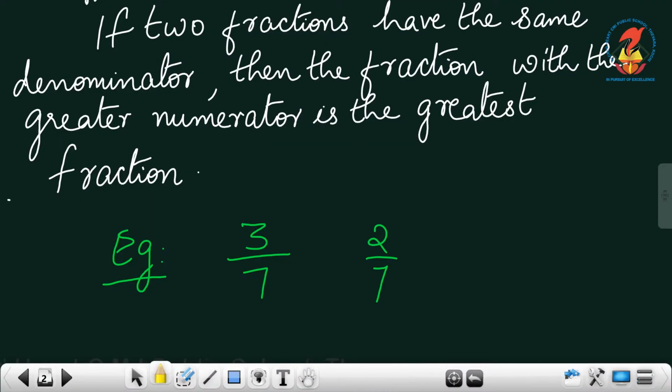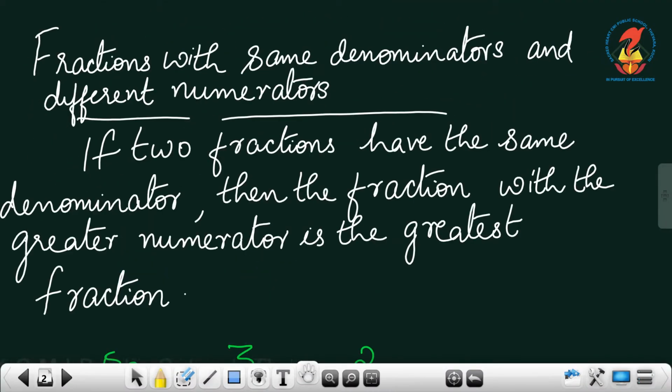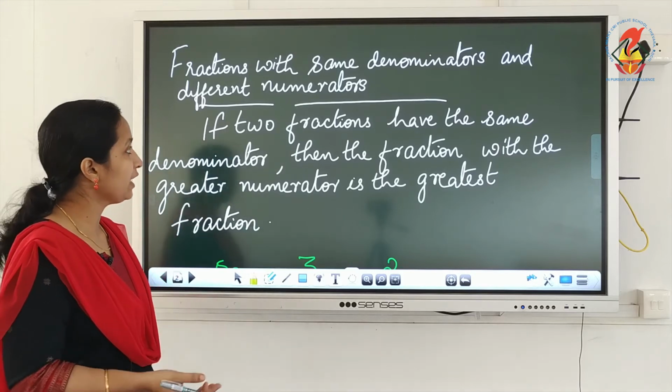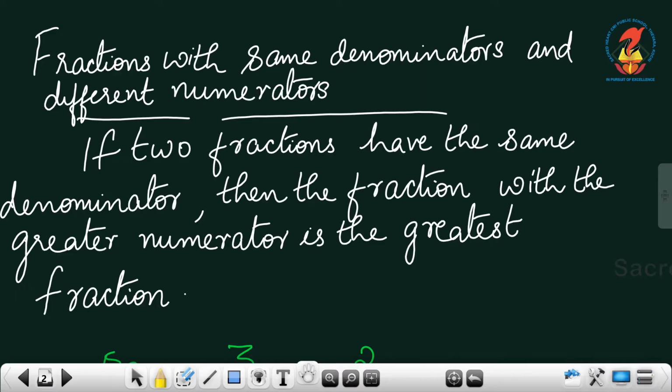The first rule is fractions with the same denominator and different numerators. If two fractions have the same denominator, they are like fractions. If they are like fractions but have different numerators, then the fraction with the greater numerator is the greatest fraction.